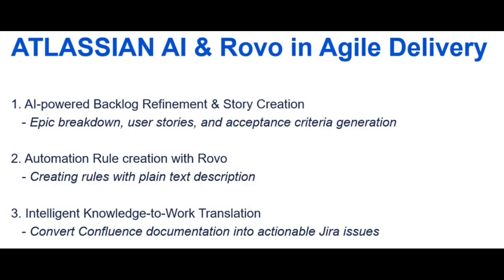Second, how Rovo simplifies automation, allowing teams to create Jira rules using plain language descriptions instead of complex configurations. And finally, how AI helps translate knowledge into action by converting Confluence documentation directly into executable Jira work items. Let's get started.